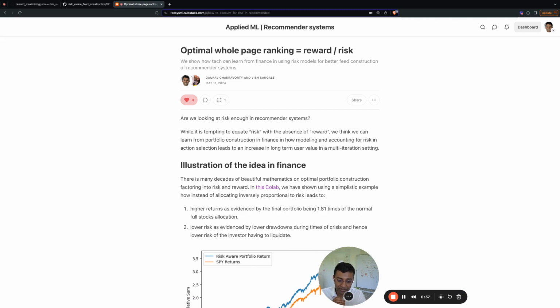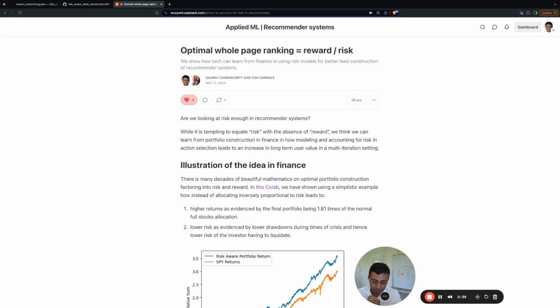And there's a lot of theory on the portfolio management side, or finance side, of it. I've had the fortune of working in both recommender systems and finance. I think for people who are starting out in recommender systems, there might be value in understanding some of the theory of finance and portfolio management.